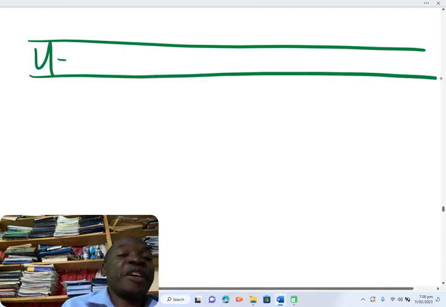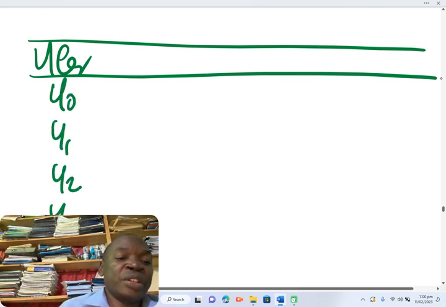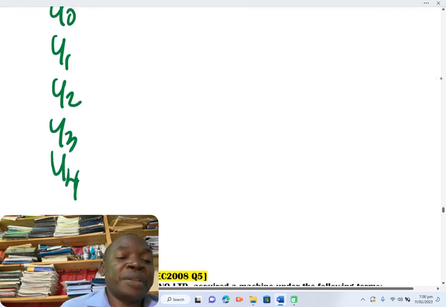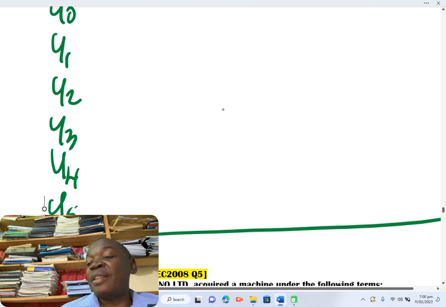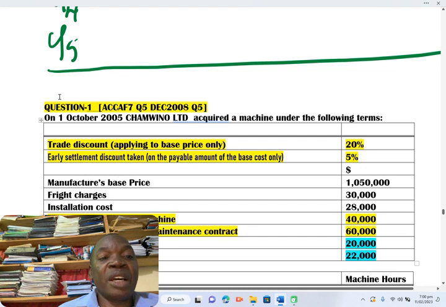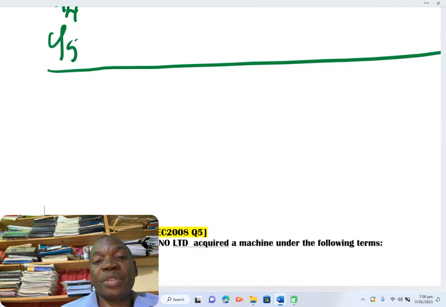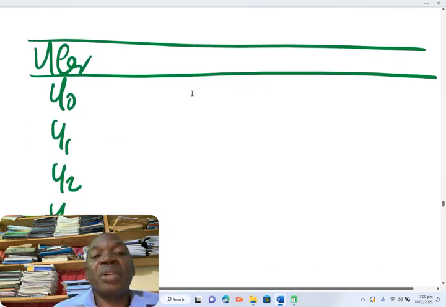We have year naught, year 1, year 2, year 3, year 4, and what? Year 5. That was the last year for depreciation.